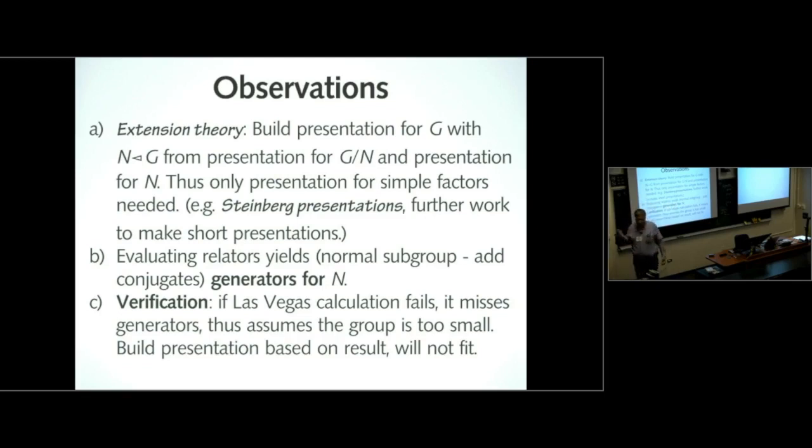So, if we have a homomorphism, we can describe the image sufficiently that we can write down a presentation for that image. This presentation will give us generators for the kernel. And we are going to use that to get the kernel. So with presentations, we can again solve the problem of how we get from generators to generators. Generators of a homomorphic image are trivial. They're just images of the generators. Generators for the kernel come from a presentation.